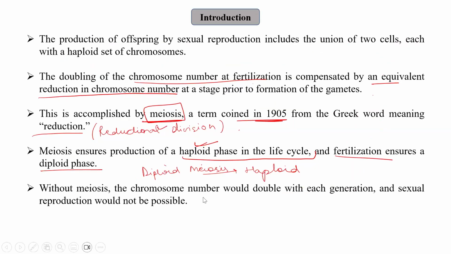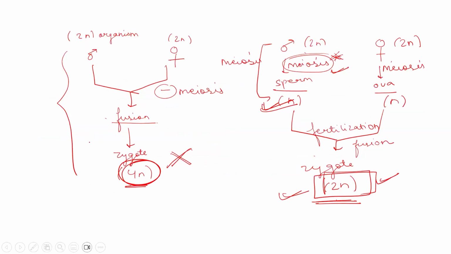So without meiosis, what will happen? The chromosome number would double with each generation. Suppose, as in this example, the first generation would have 4n chromosomes. Now, when these 4n chromosomes fuse without any meiosis, it will result in 8n chromosomes.